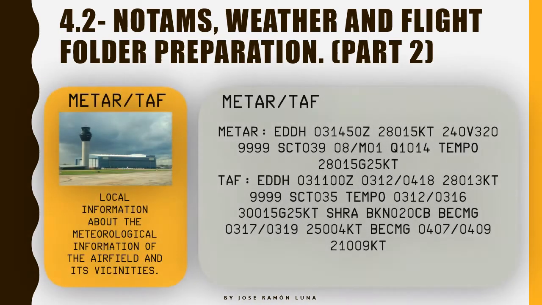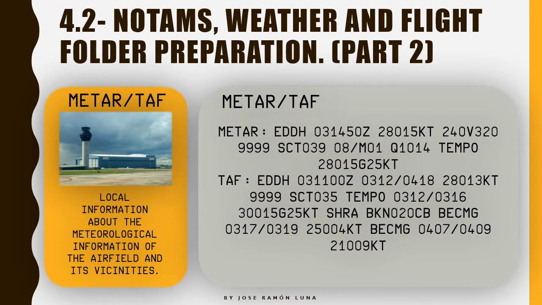In this case, this is an example of a METAR. It is an encoded piece of information that basically provides us with hourly or half-hourly information on the meteorology at the airport and its vicinity. In the documentation section, you can find a guide to decode this information.